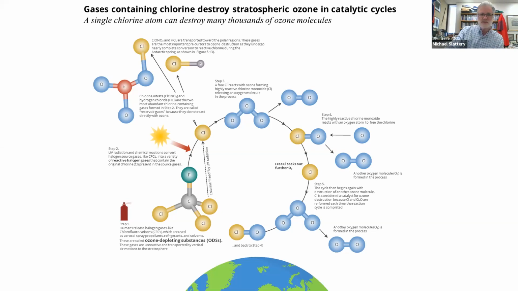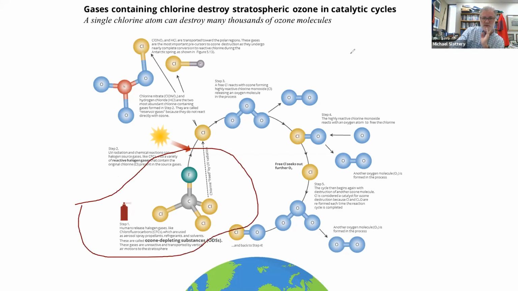So this is the second story that we looked at, and let me just quickly summarize what we covered here. Remember that we put out chlorofluorocarbons and other ozone depleting substances, but we focused on chlorofluorocarbons. Sunlight breaks those down. It frees up the chlorine, right?